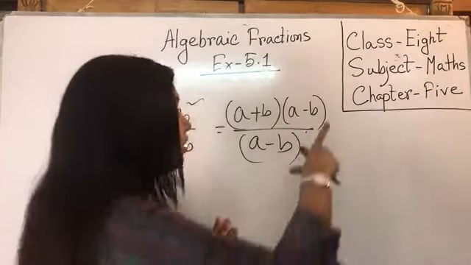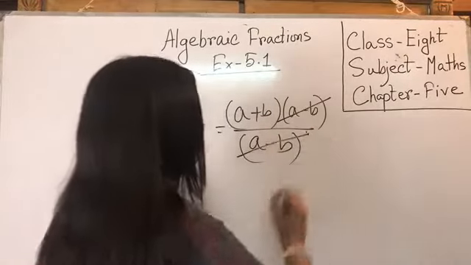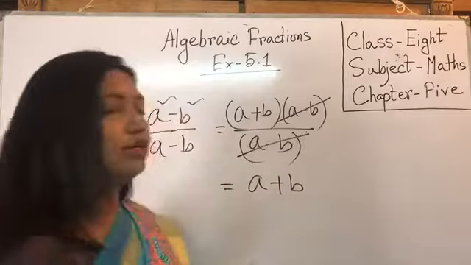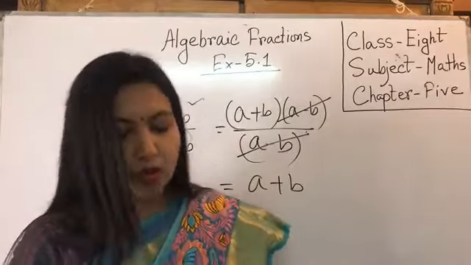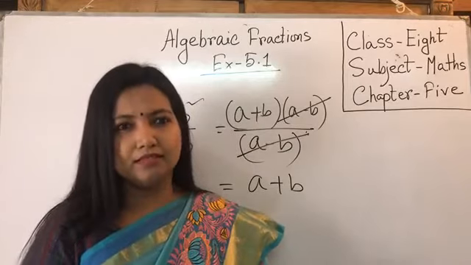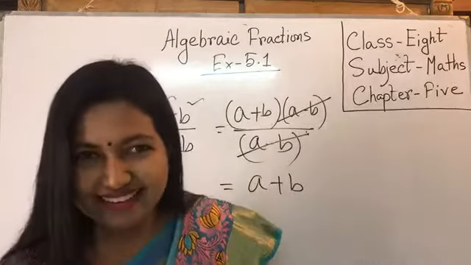So this is the common term, right? This is the common term. So we can reduce the common term, then we will get a plus b. So this is the lowest form of fraction. So let's do a math. That will be very easy for your clear conception. Okay? So let's do.